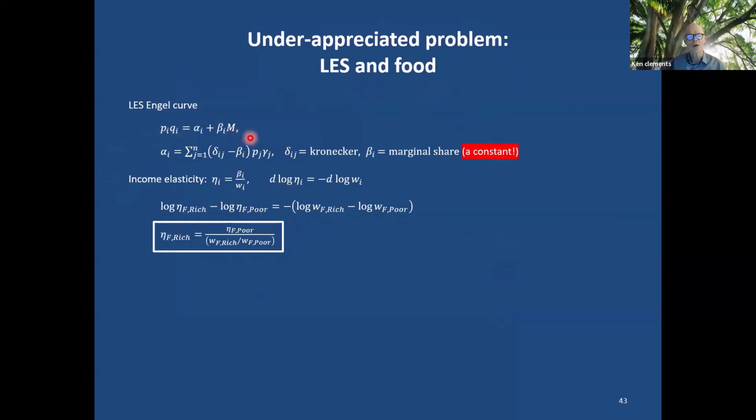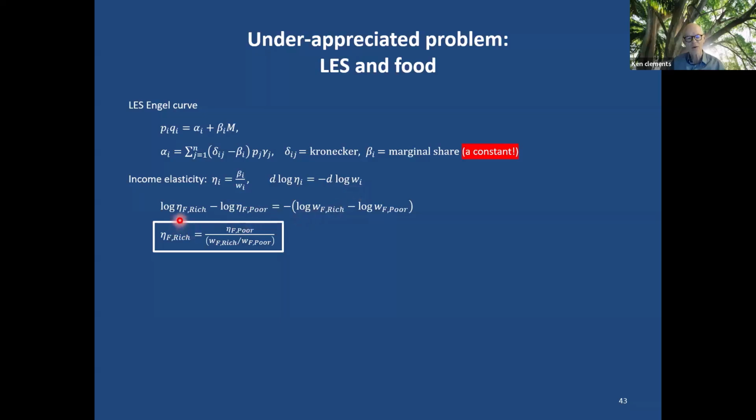Here's the Engel curve corresponding to LES. The income elasticity is this constant parameter beta, the MPC, marginal share of food, divided by the budget share. So the income elasticity is inversely proportional to the corresponding budget share.